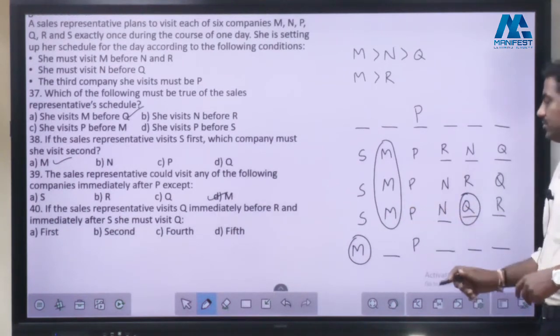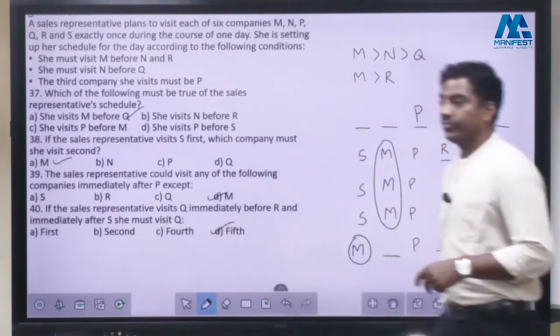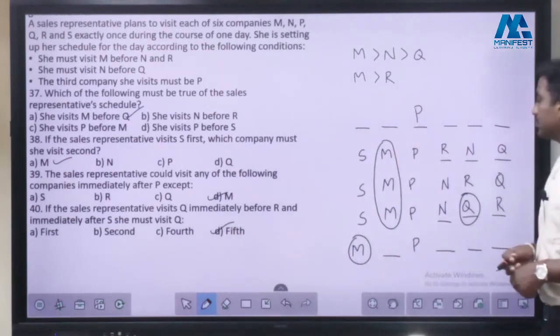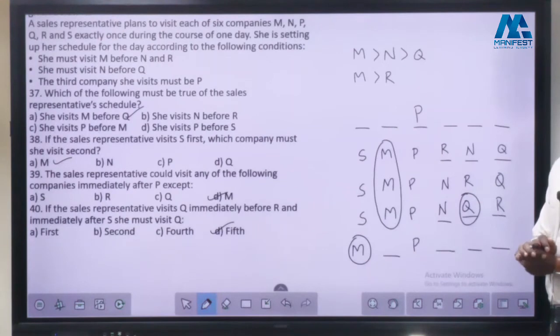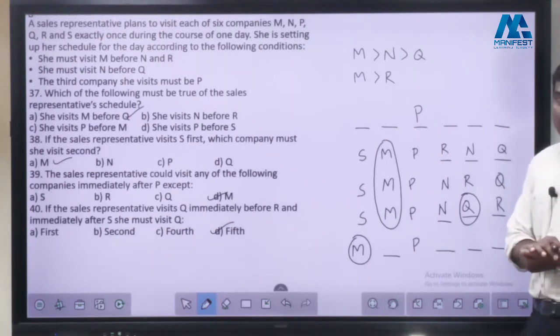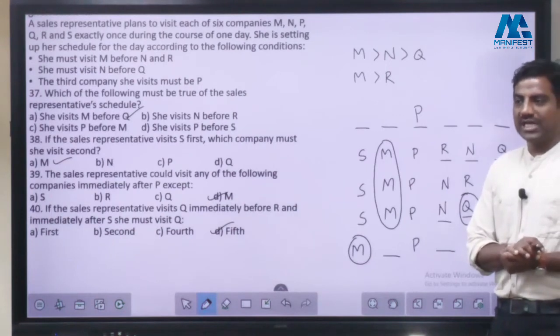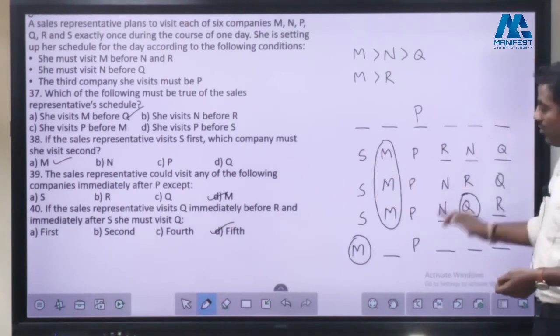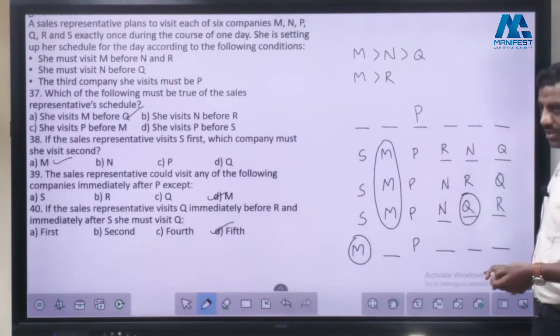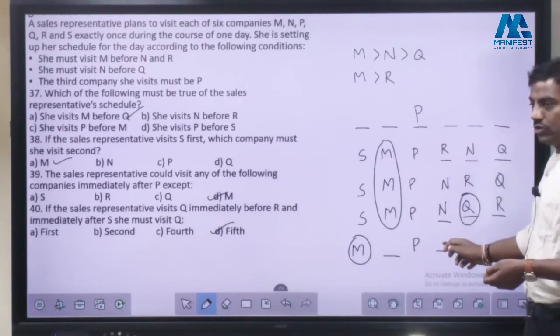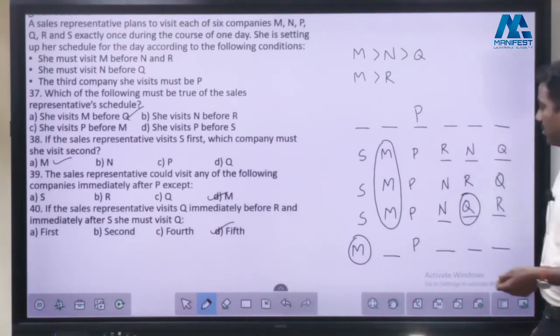So fifth place. Because anyways, she has to visit after N. Q can be either last or last but one. When S comes, you don't know. Sometimes Q can come here also.